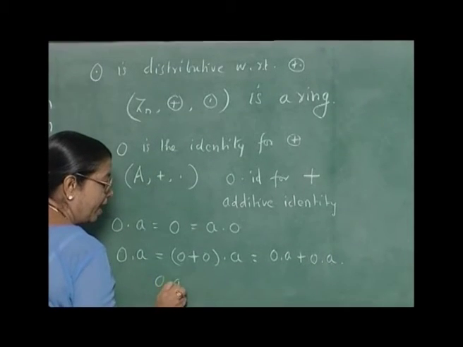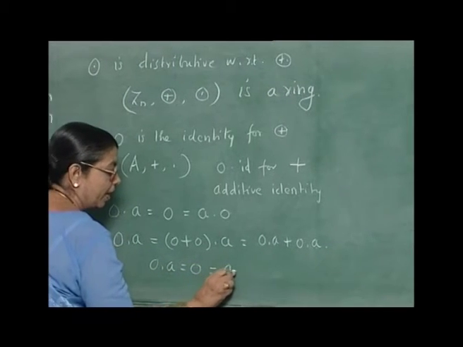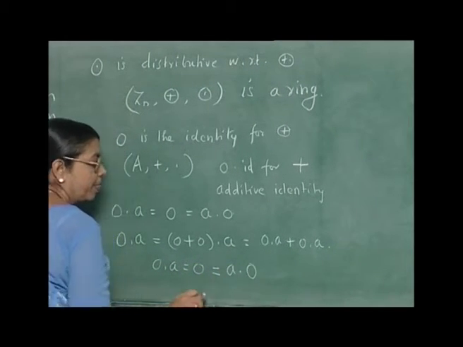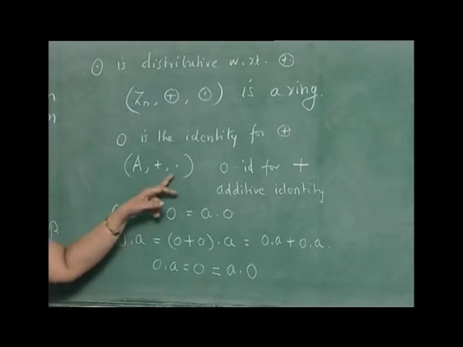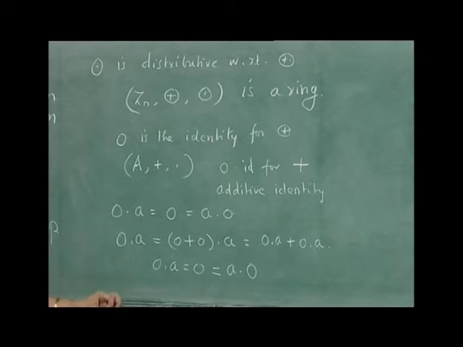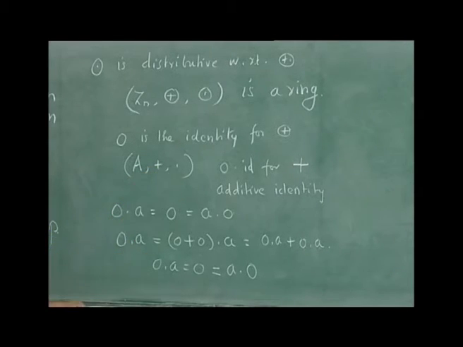So, 0 dot A is equal to 0, and similarly you can prove that this is also equal to A dot 0. So, the additive identity becomes the zero element for the multiplication operation. We can call this multiplication, this addition.